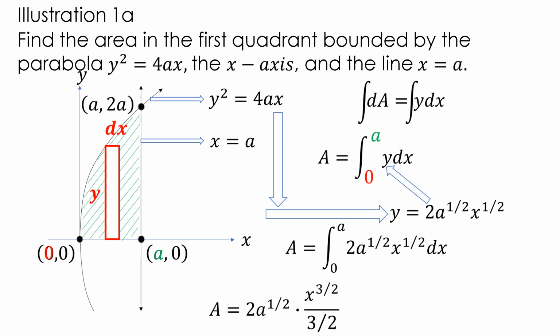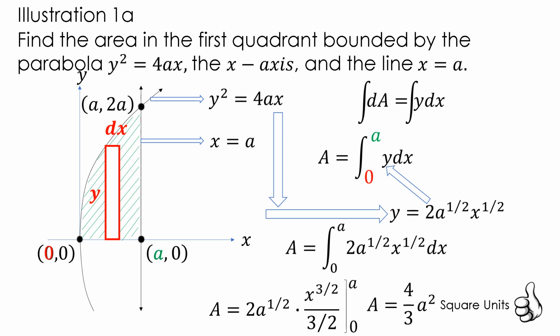Integrating, we get A is equal to 2a raised to 1 half times x raised to 3 halves all over 3 halves with limits from 0 to a. Evaluating this definite integral, we get an answer of 4 over 3 a squared square units.